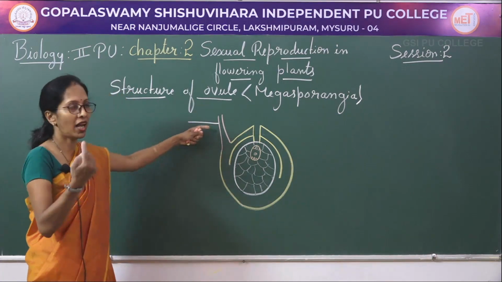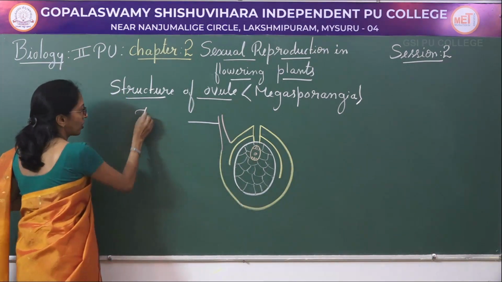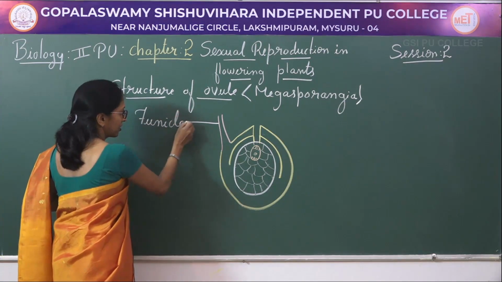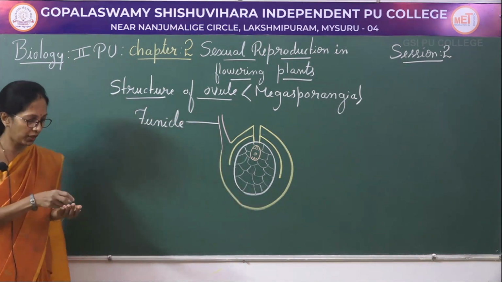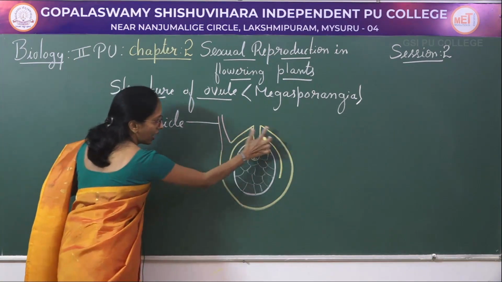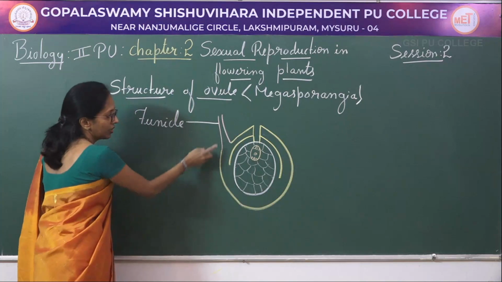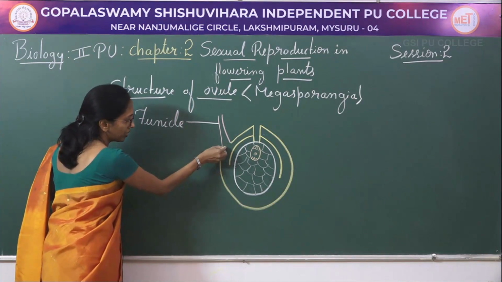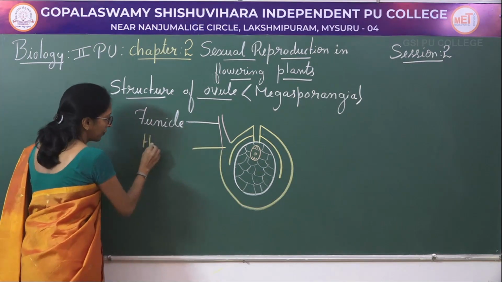This stalk is said to be funicle, and this is the ovule. The point of attachment of ovule to the funicle is said to be hilum.